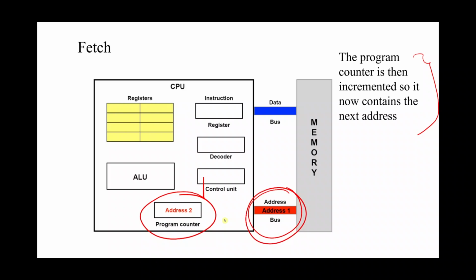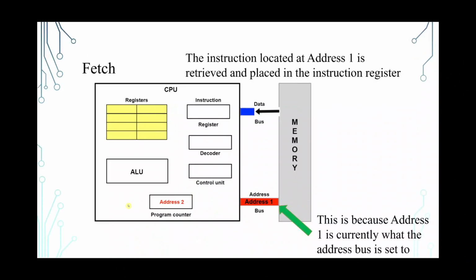As we deal with the data and the instruction of address 1, we set up the program counter to prepare for the next cycle. The instruction right now is being fetched, retrieved, and placed on the instruction register.